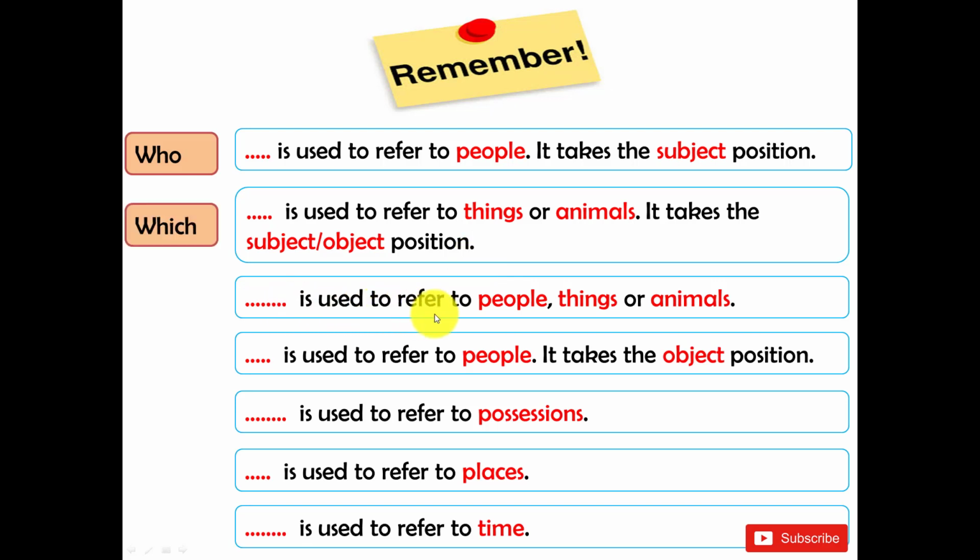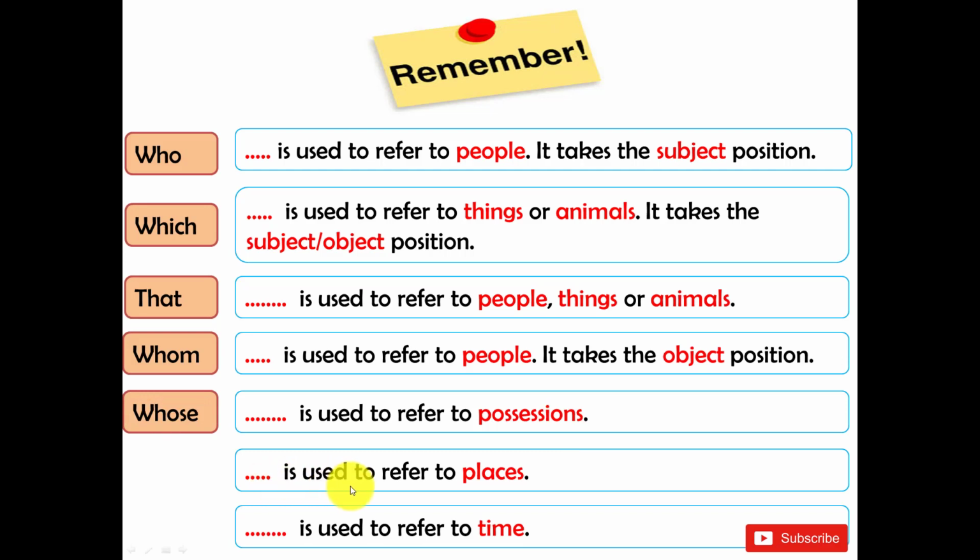What is used to refer to people, things, or animals? Well done, "that". What is used to refer to people and takes the object position? Good, it is "whom". What is used to refer to possession? Good, "whose". What is used to refer to places? Perfect, "where". The last one, what is used to refer to time?